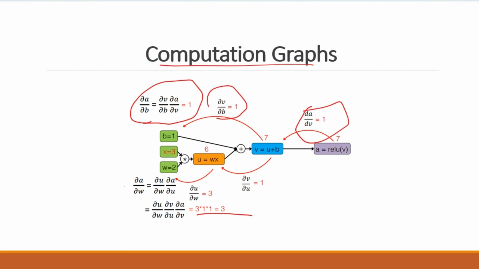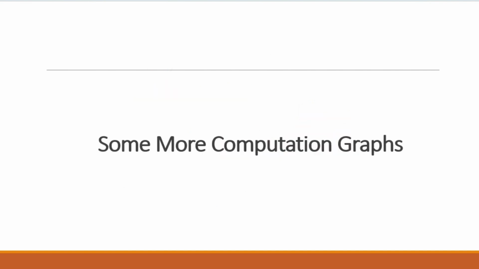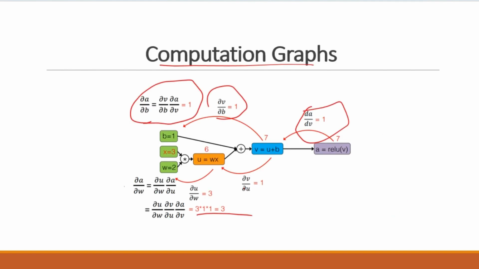Alright, so this is how we use computation graphs, and I will show you in the next video how we can implement this in PyTorch, where it computes these derivatives for us. Of course, this example is a trivial one. It's a very simple one. That's something you can do in a few seconds by hand.